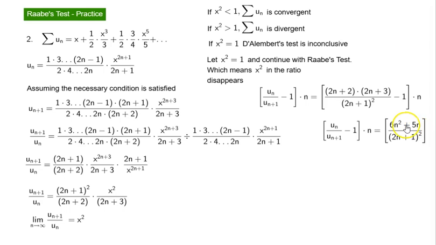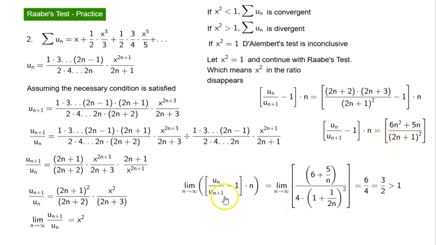We can do further simplifications by taking n squared out and here 2n squared out. Then taking the limit, we end up with limit as n goes to infinity of 6 plus 5 by n divided by 4 times 1 plus 1 by 2n the whole squared.